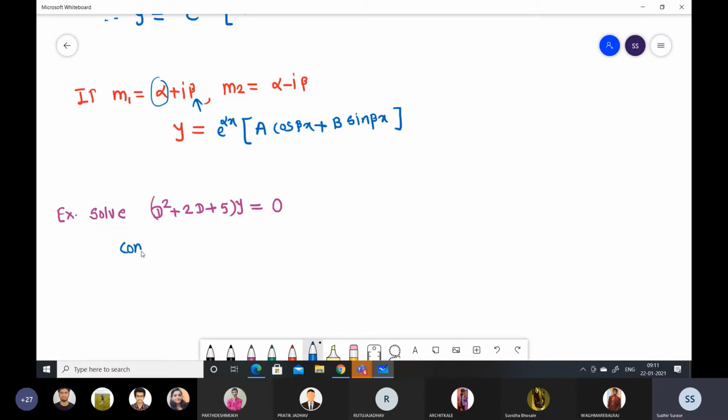So consider the auxiliary equation. It is D square plus 2 D plus 5 is equal to 0. Now I'm going to use the quadratic formula to solve this equation. Let me write the quadratic formula here.